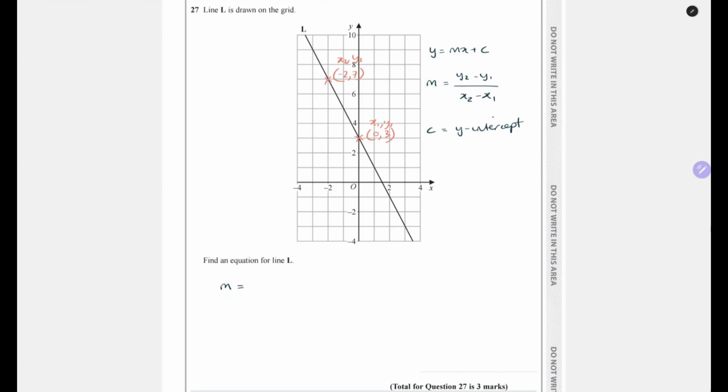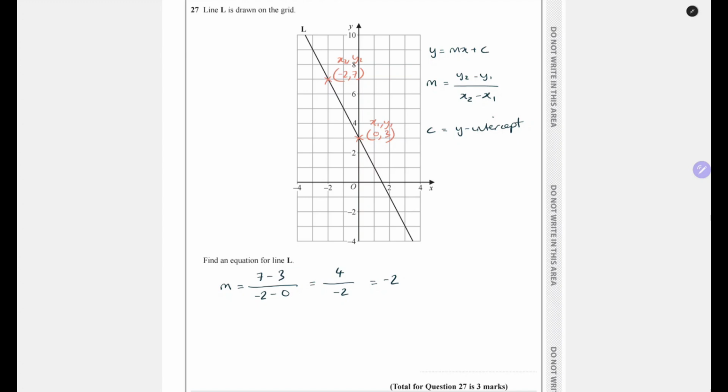And so if we put it into our equation for the gradient, y2 is 7 minus y1, which is 3, over x2, which is -2, minus x1, which is 0. So 7 minus 3 is 4, and -2 minus 0 is just -2. And so 4 divided by -2 gives us -2. So our gradient is -2.